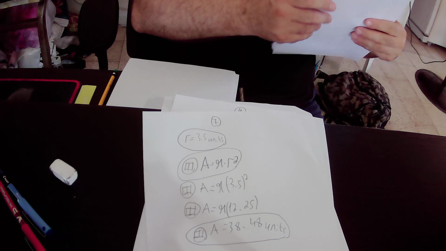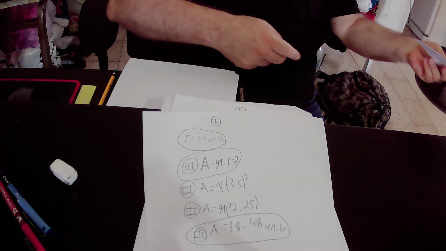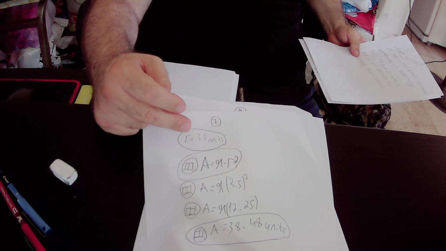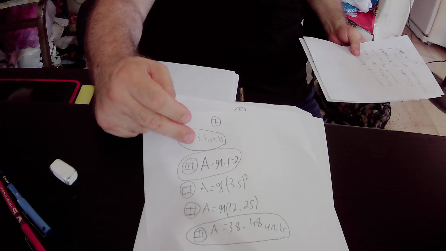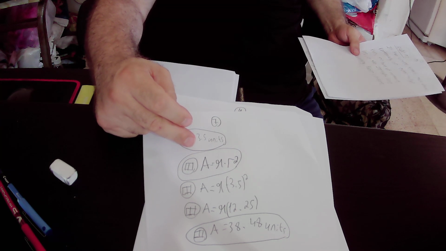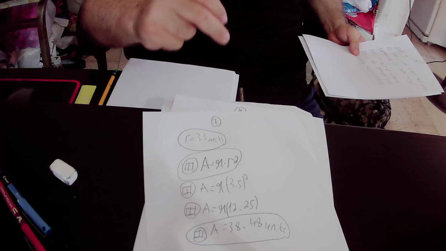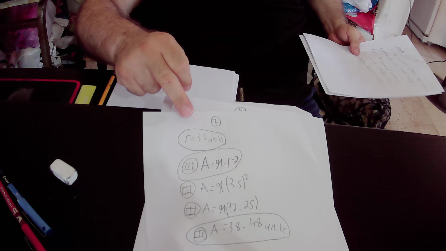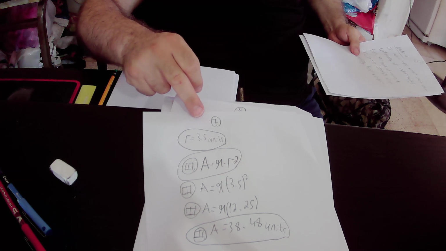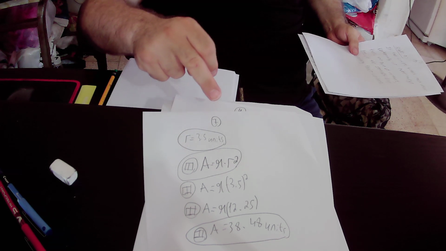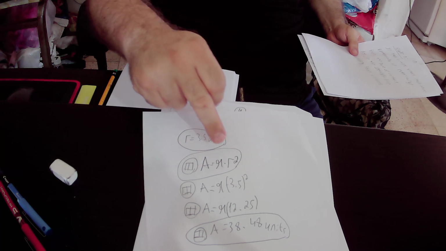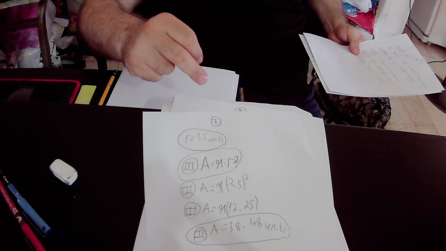But according to the formula for the area of a circle, the area of a circle equals pi times r squared, pi times the radius of the circle squared. We already know that the radius equals 3.5 units, so we can substitute r by 3.5 units.